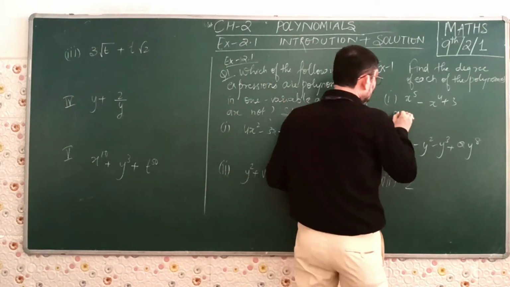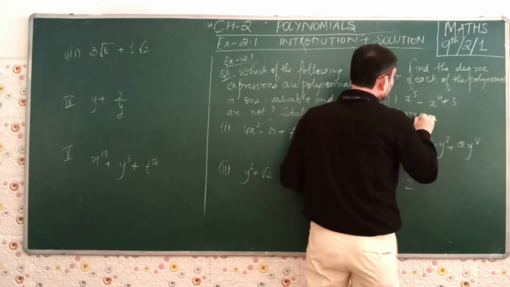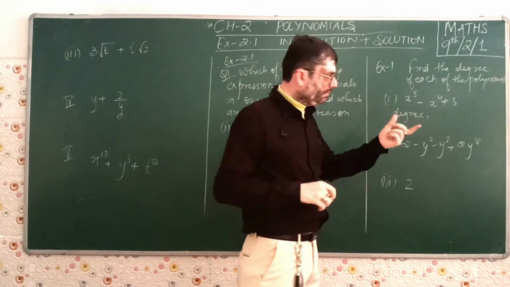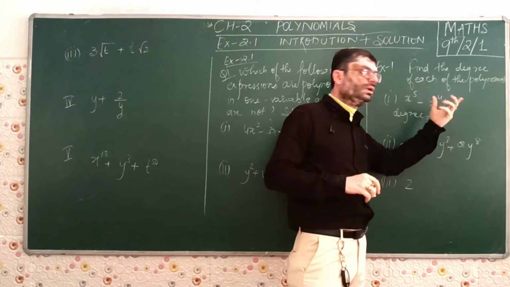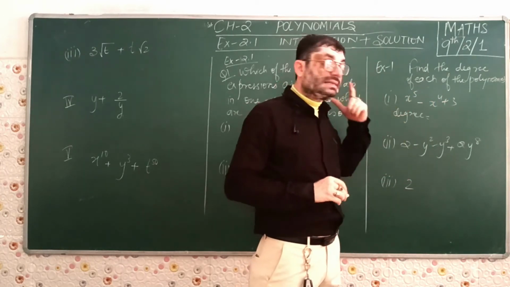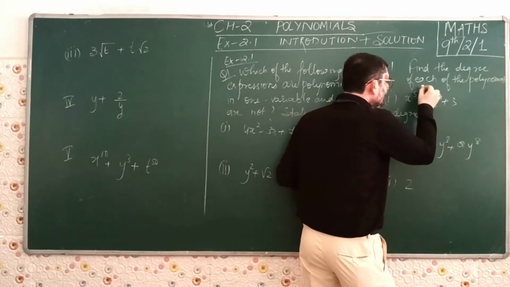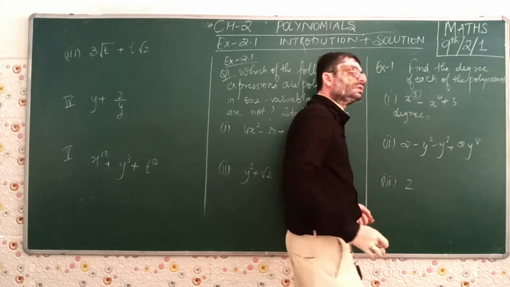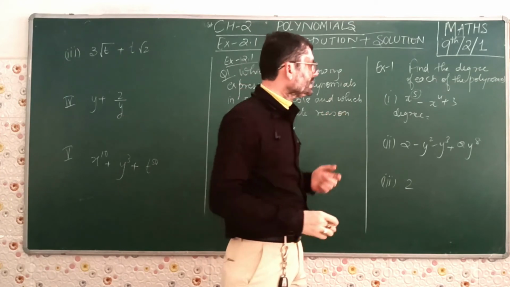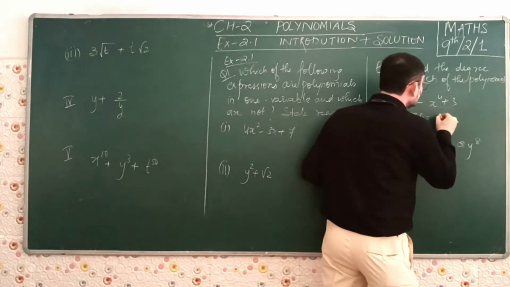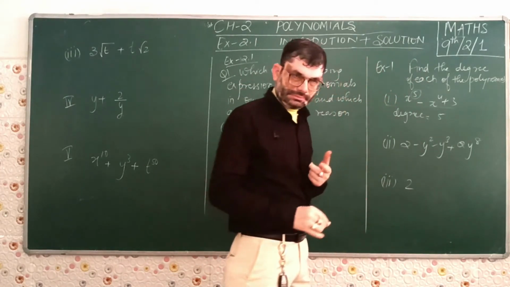Here, bit 1, what will be the degree of the variable? The variable here is x. We can say x to the power 5, x to the power 4. So there is a single variable, that is x, and the highest power is 5. Here the power is 4, here the power is 5, so the highest power is 5. So you can say the degree of this polynomial is 5.